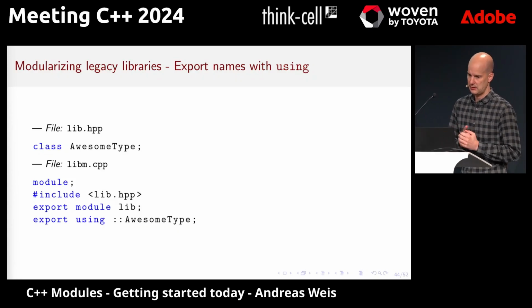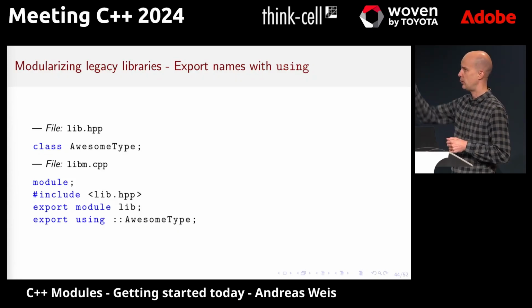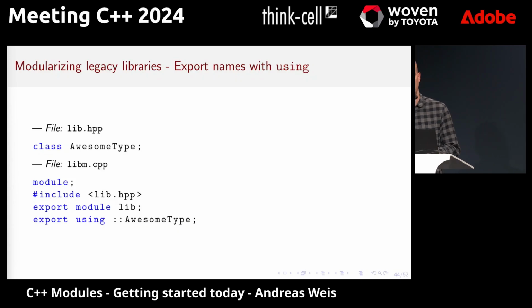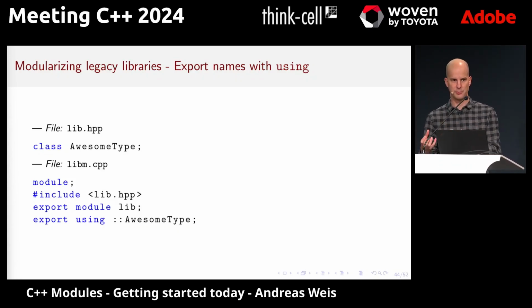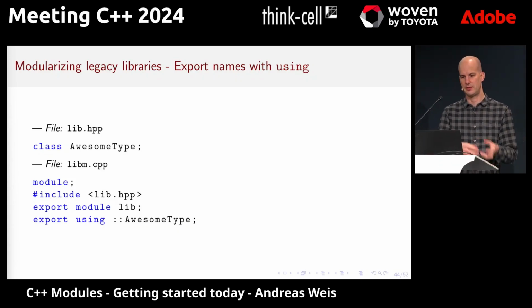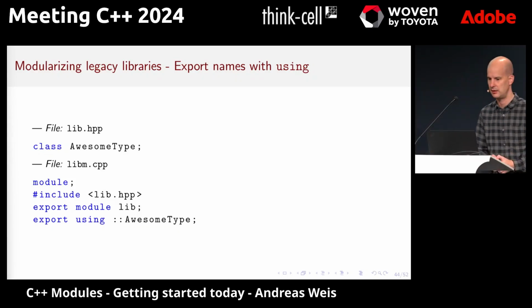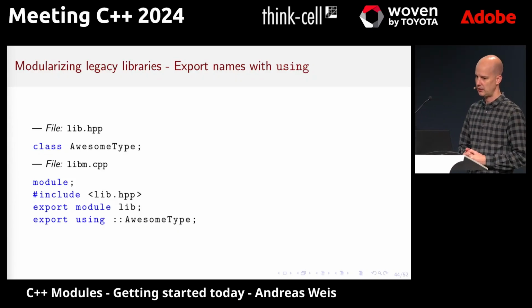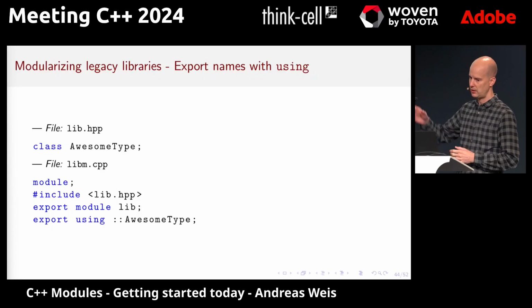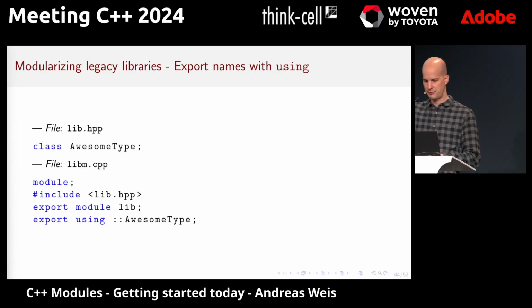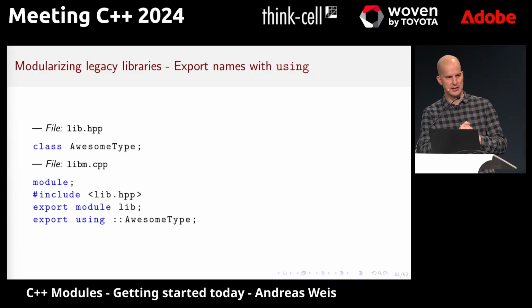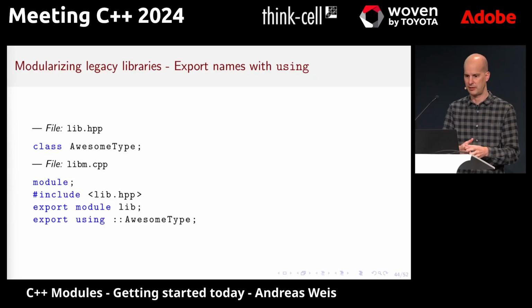Another trick that is a little more advanced is something we talked about before. Export using is exporting a declaration to a thing that lives somewhere else. And we can use this here, where the awesome type that we pulled in through this library header lives in the global module fragment.